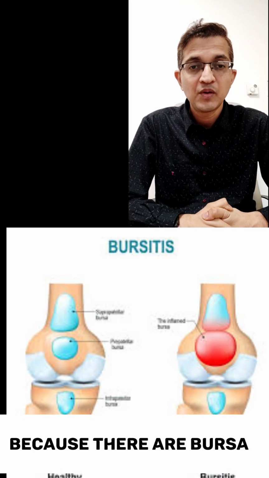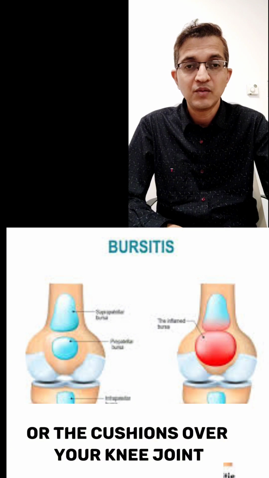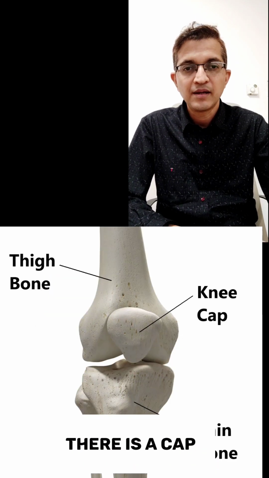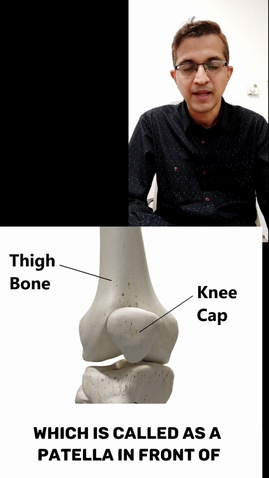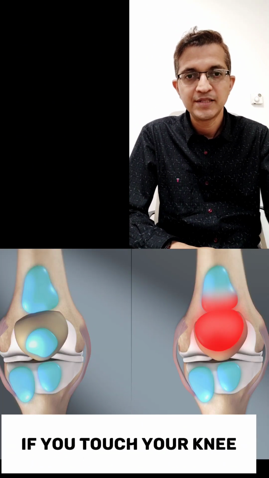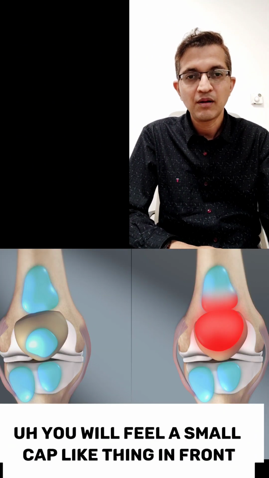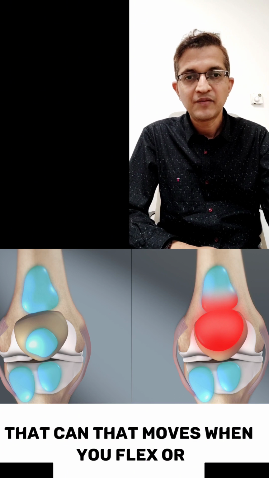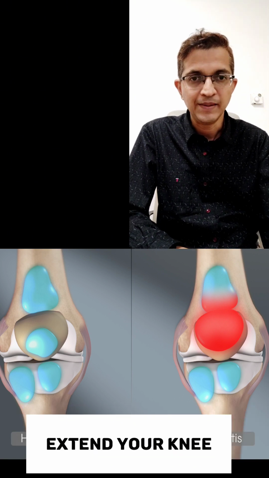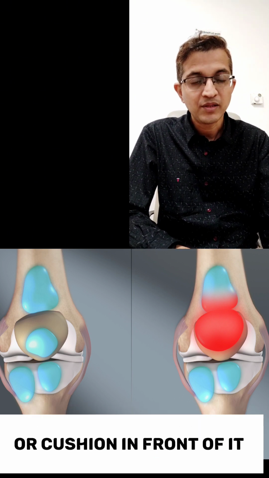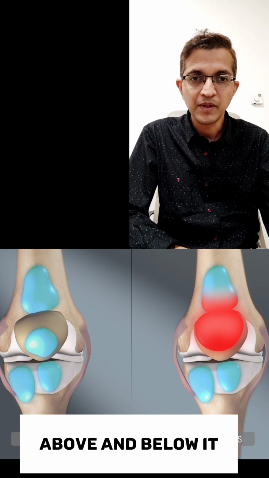The next condition is also called housemaid's knee. There are bursa, or cushions, over your knee joint. There is a cap called the patella in front of your knee. If you touch your knee, you will feel a small cap-like thing in front. That moves when you flex or extend your knee. There are bursa, or cushions, in front of it, above it, below it.